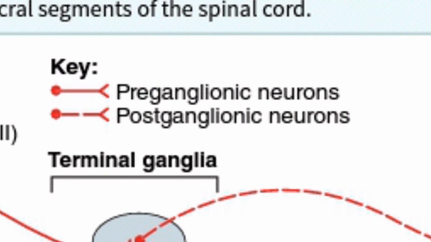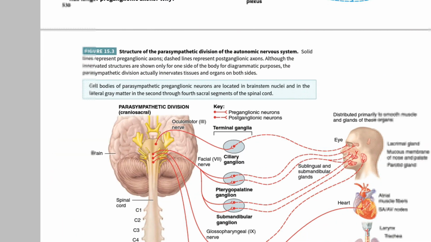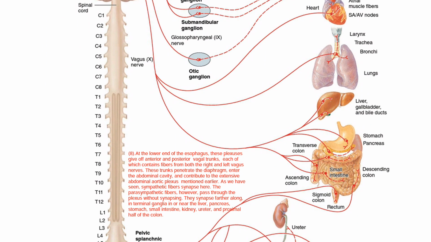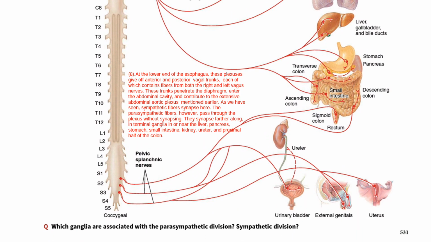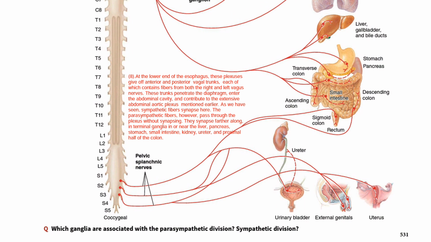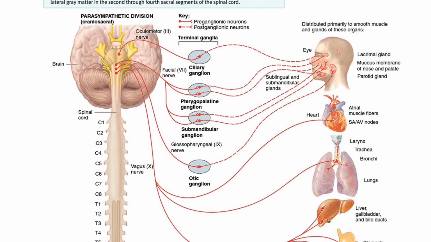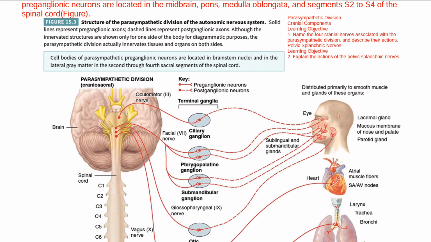So red color is used for pre-ganglionic neurons, and the dotted red color line is used for post-ganglionic neurons. So this is the entire parasympathetic nervous system. Okay.